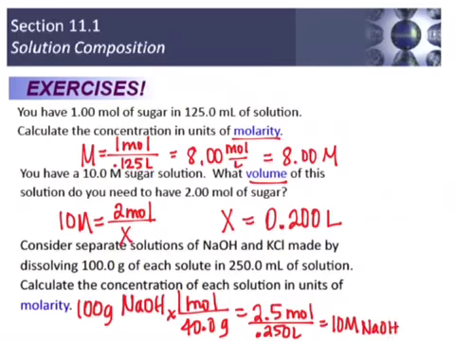And then we go and do the same thing for KCl. So for KCl, we have 100 grams. And the molar mass is 46 grams per 1 mole. And what do we get here? What was it?